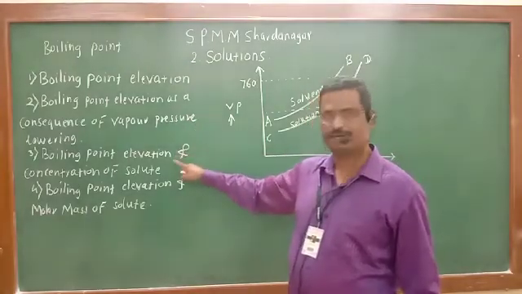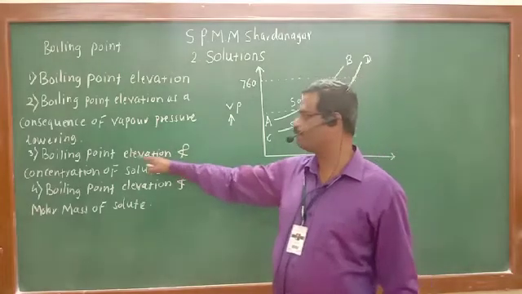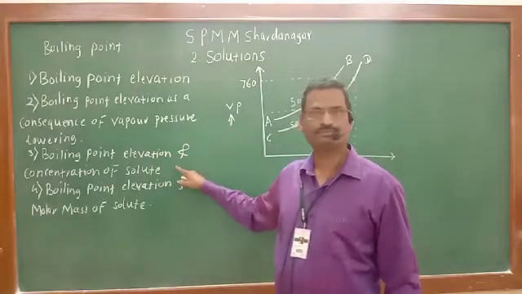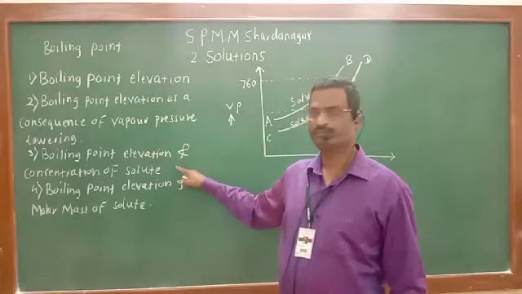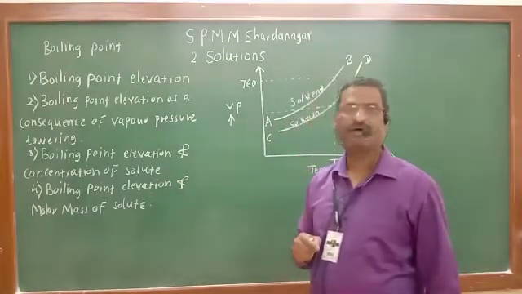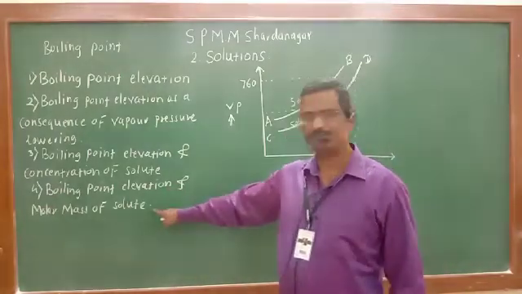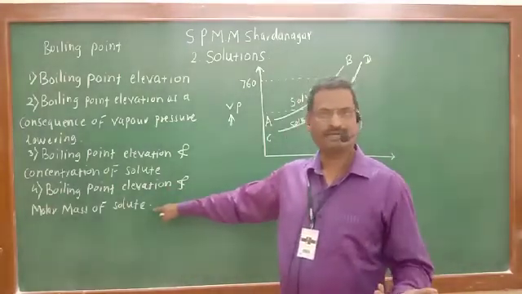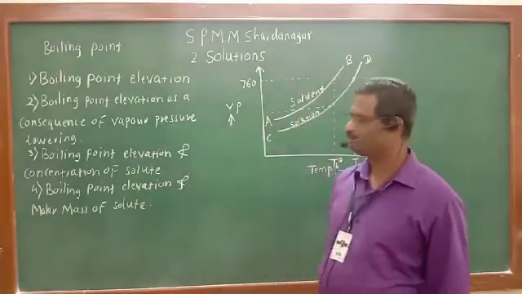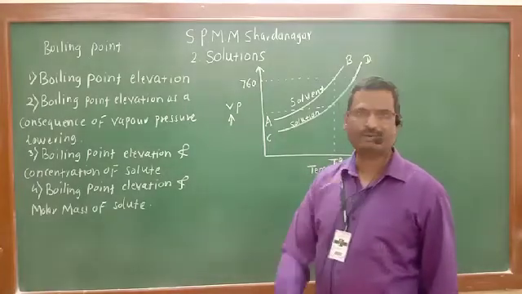Then we study Raoult's law for boiling point elevation, that is, the relationship between boiling point elevation and concentration of solute. At last, the main application of colligative properties: determining the molar mass of the solute from boiling point elevation. These are the points we have to complete, so let us see them one by one.